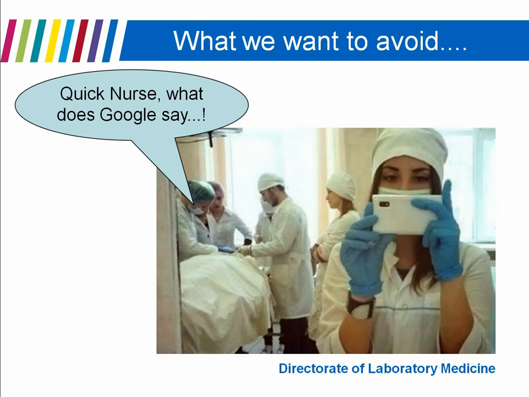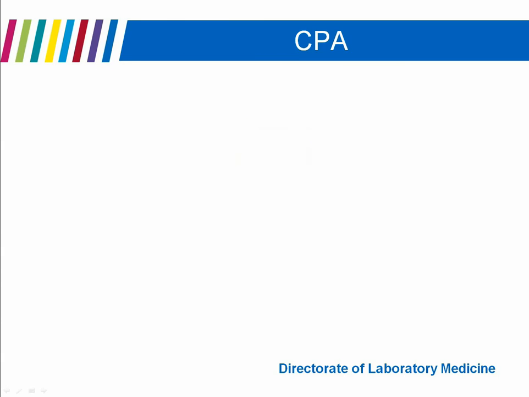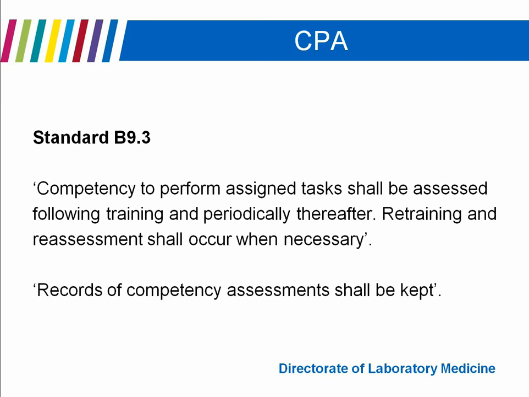So our competency assessment scheme, the process that we use in the Immunology department at Manchester Royal Infirmary, has held us in good stead over a number of years, seen us both through CPA and now more recently ISO. And as CPA accredited laboratories, we're probably familiar with standard B9.3, the CPA standard that deals with competency.